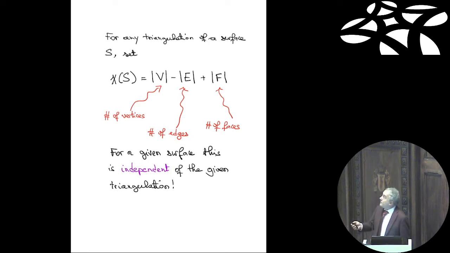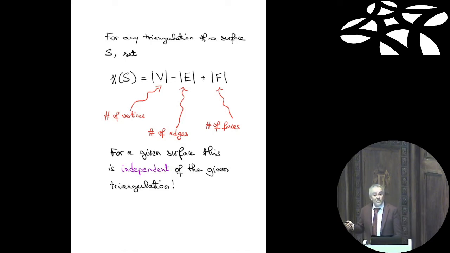So here we have a result due to Euler. We take any triangulation of a surface, and we count the number of vertices, the number of edges, and the number of faces. A triangle has 3 vertices, 3 edges, and 1 face. The Euler characteristic of the surface, which I denote by chi of S, is made up as follows: you take the number of vertices, you subtract the number of edges, and you add the number of faces.